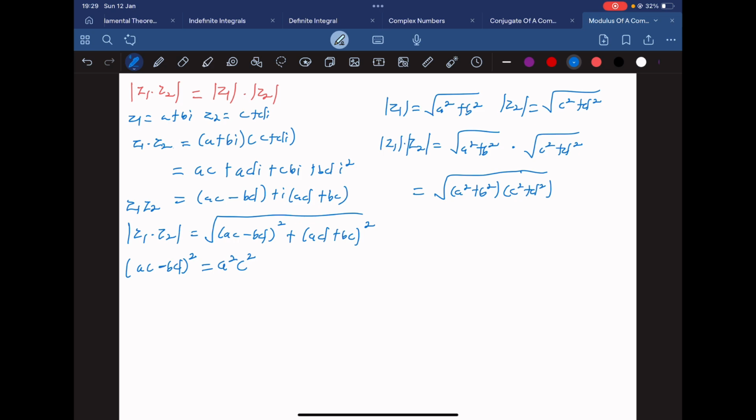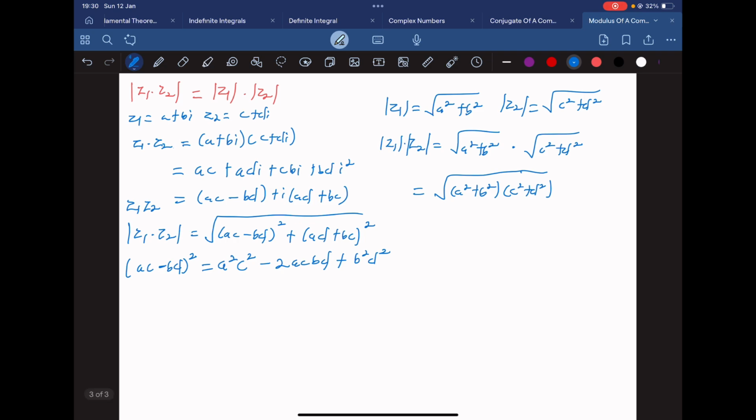Then you bring this sign, which is negative, so you have negative here. You bring this 2 down. Then you multiply by AC and BD. And the last term is negative BD squared. So negative BD squared is just, or negative squared is positive, then B squared D squared. So this is what you're going to get.